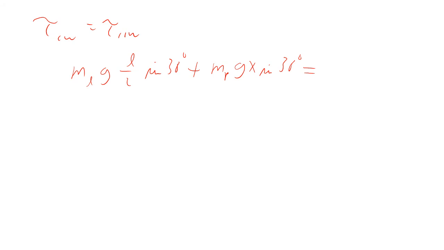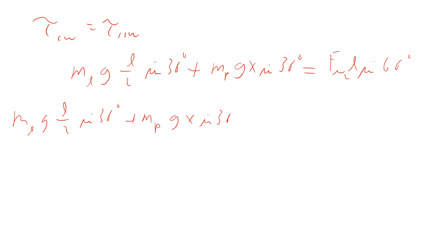And that has to equal Fn2 times sine 60 degrees times L. But we know that Fn2 is going to be equal to mu sub s times the mass of the ladder plus the mass of the person times G.